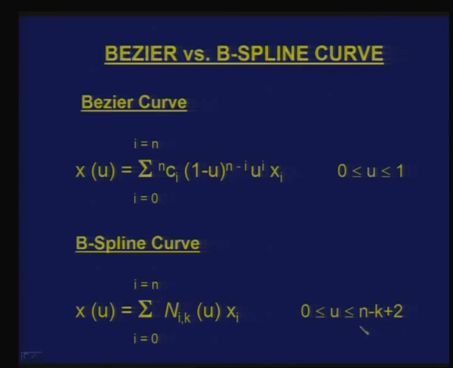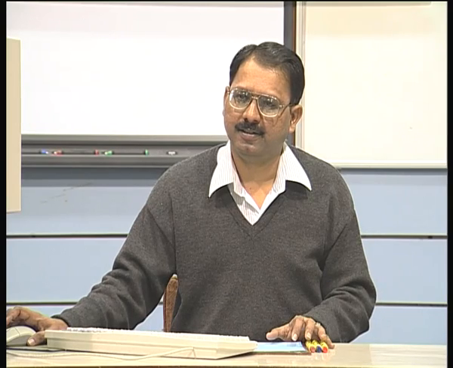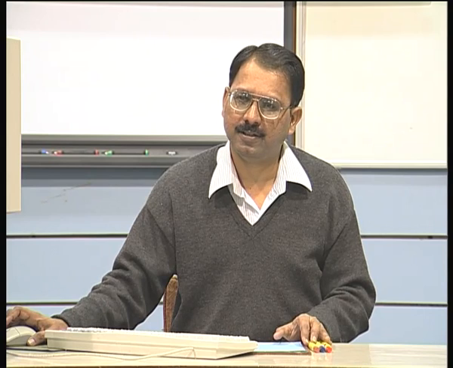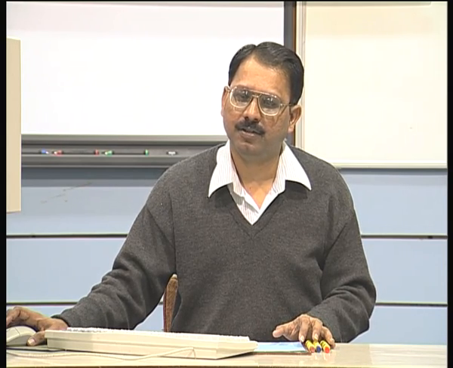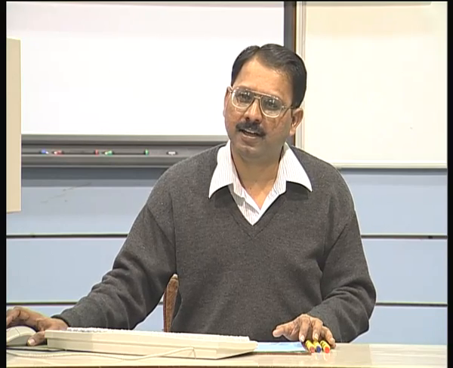Another difference in the definition of this curve is that the parameter range is not from 0 to 1. Depending on how many control points I choose and the value of k, I will have a different parameter range. Take for example n equal to 6, that means I have 7 control points, and I choose k equal to 3.